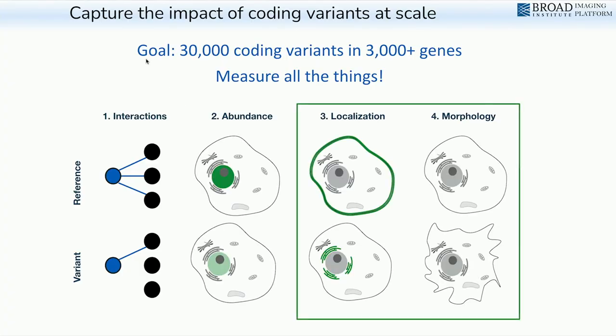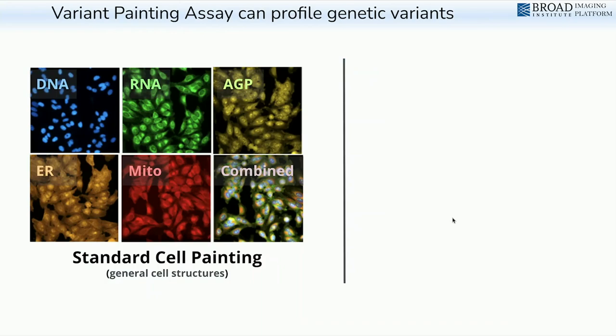So in this whole experiment, the reason it's so large is that part of the team is working on measuring protein-protein interaction data, which is a super valuable data type to have, and others are measuring the abundance of the protein. So when that variant is present, which protein interactions get messed up? Is the protein just not as much there in the cell? But what we'll focus on today are the image-based phenotypes of localization and morphology.